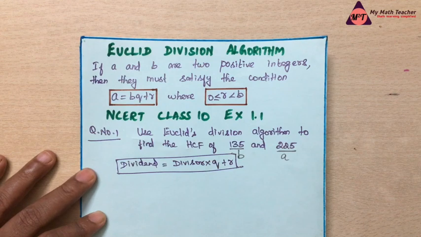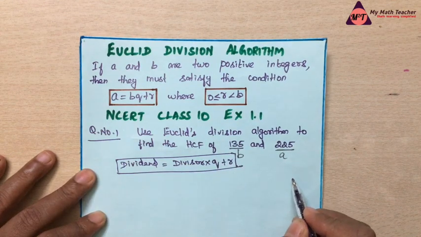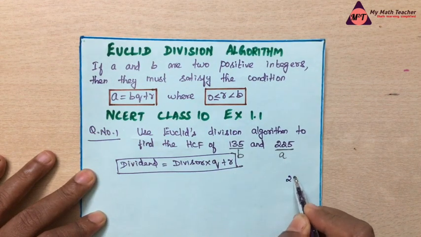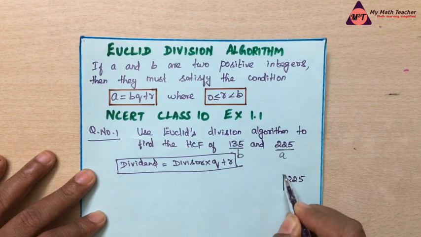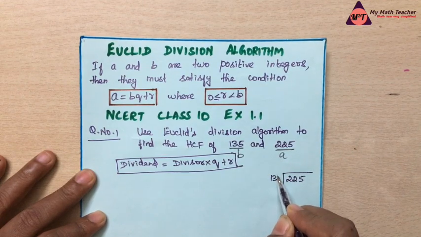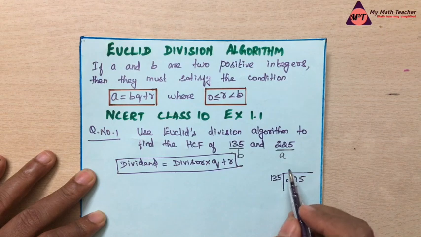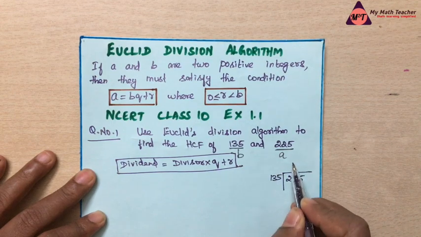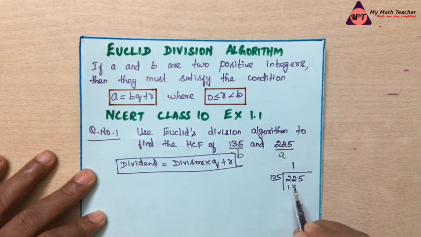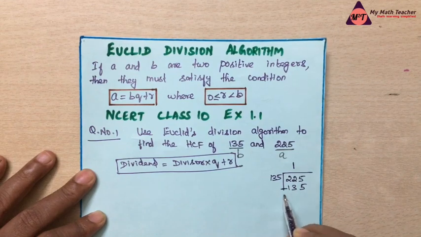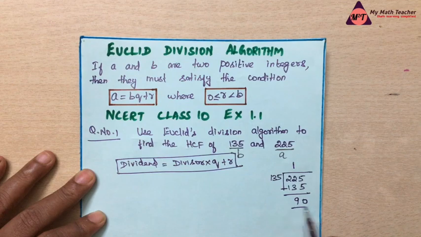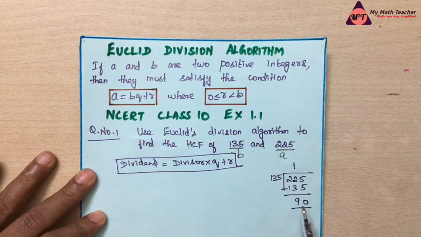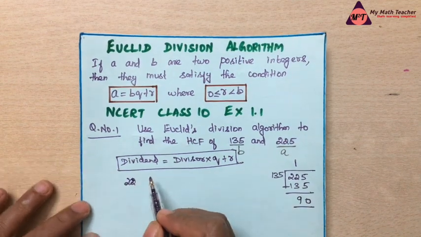Now, first step, what we are going to do is we are going to divide 225 by 135. So how many 135s will be there? Only one. So 135, subtract, 90. So we have finished this. We have to write the statement.